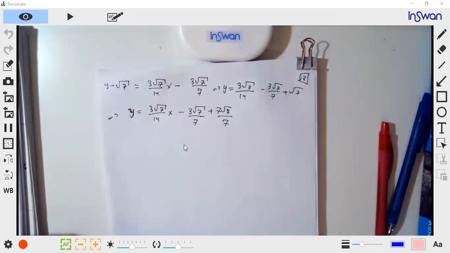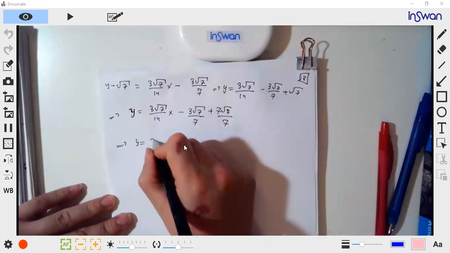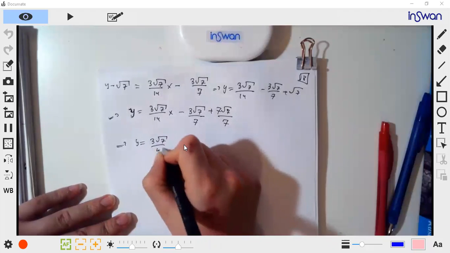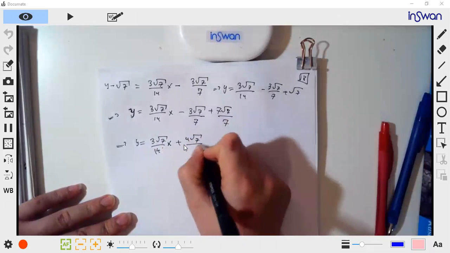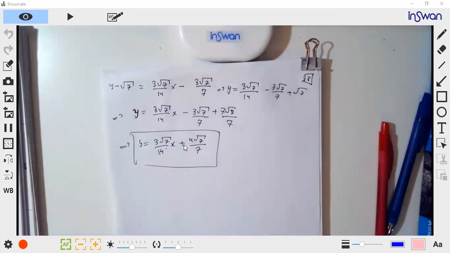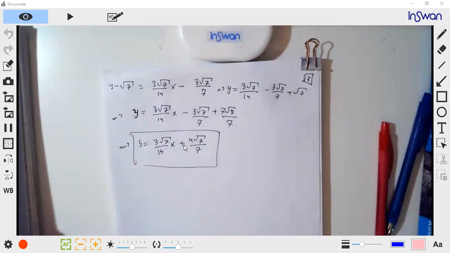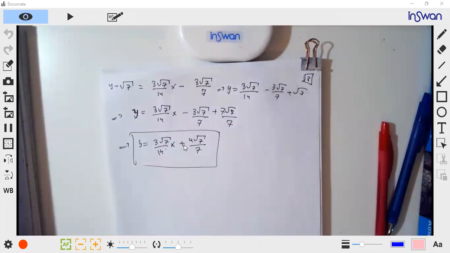So 3 root 7 plus 7 root 7 is the same thing as positive 4 root 7. So it implies we get y is equal to 3 root 7 all over 14 x plus 4 root 7 all over 7. Okay, so that's the equation of the tangent line to that function.